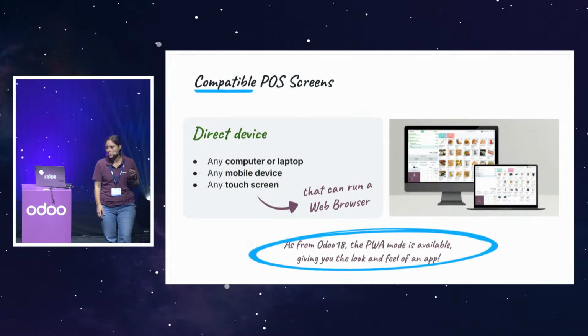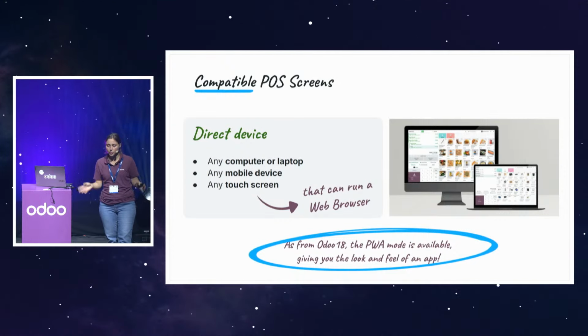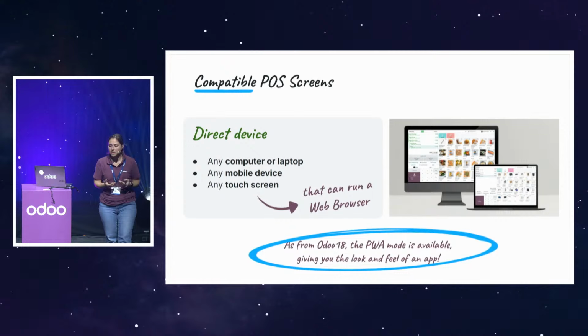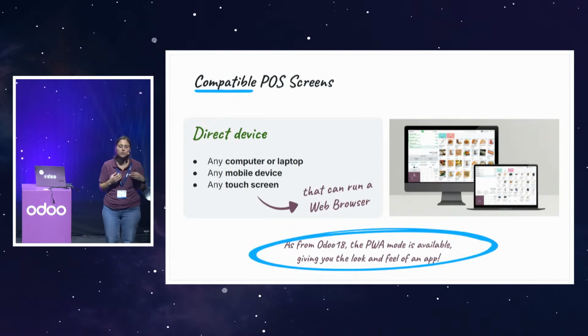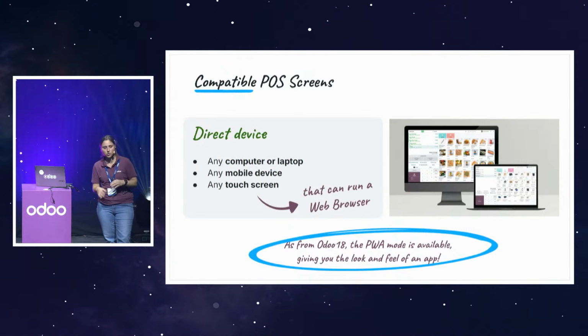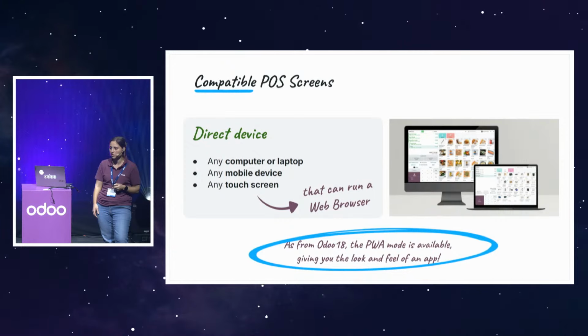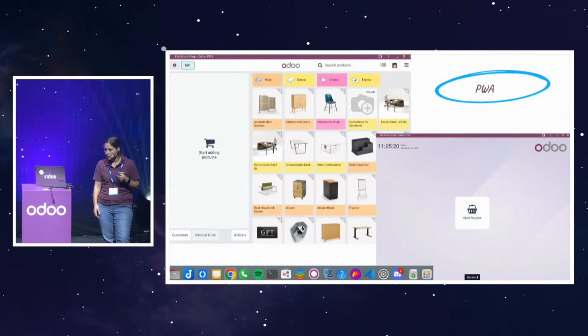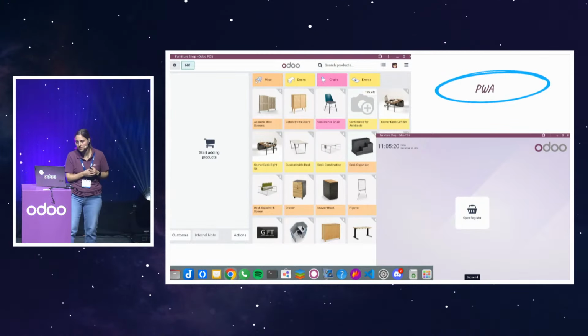Now, since Odoo 18, we have the PWA mode. This is great. It's not an application, but you still need the web browser for it to work. Basically, it's going to give you the look and feel of an application. The screens are going to be optimized. Let me show you how it's going to look. So here you have an example of the PWA. It's a screen here in the point of sale application.